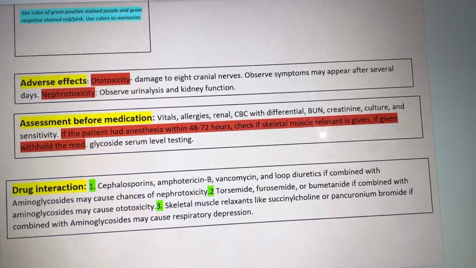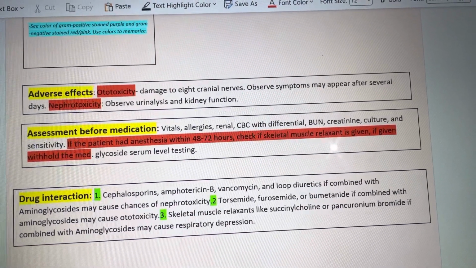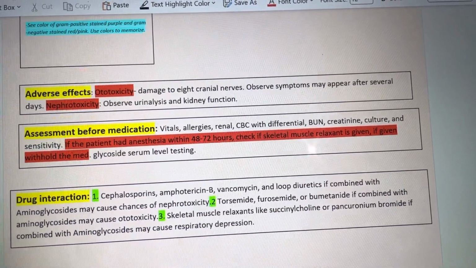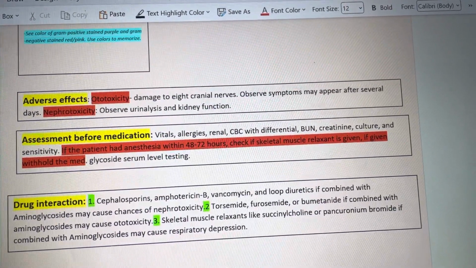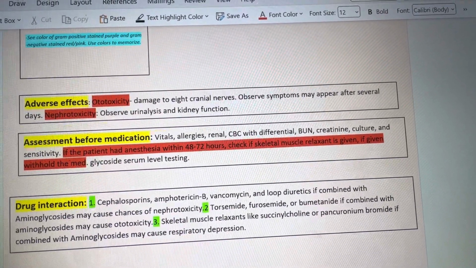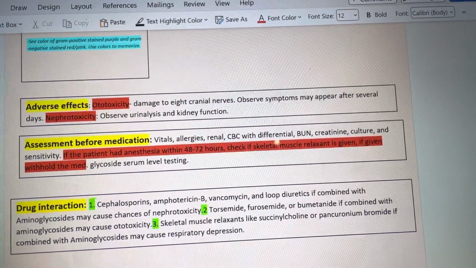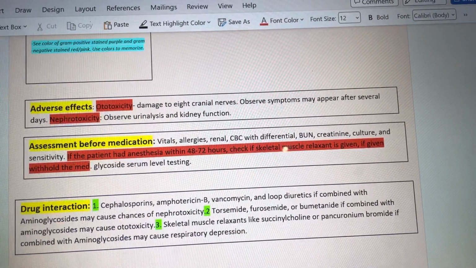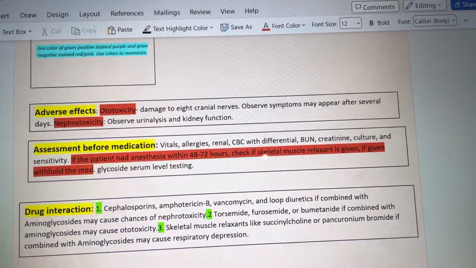We have to check the vitals and all the basic labs, the blood work. And especially we have to see if the patient had anesthesia within 48 to 72 hours. So we need to make sure if any skeletal muscle relaxant was given, we need to withhold the medication.